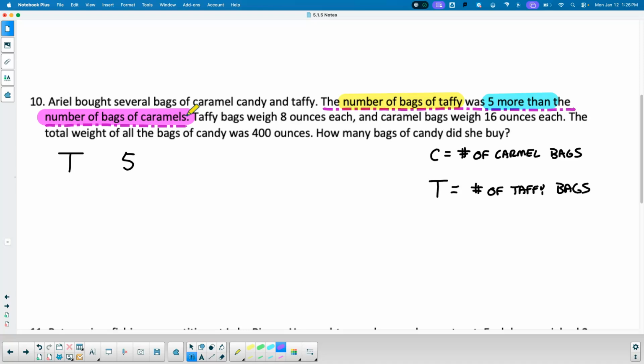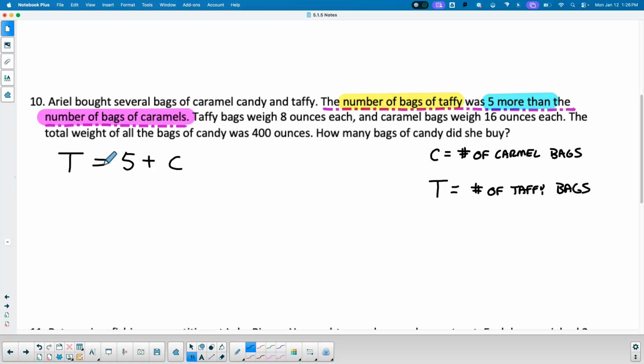C. That's C. Okay? So capital T is going to equal 5 plus C. Does that make sense? Number of bags of taffy is 5 more than the number of bags of caramels. Does that make sense? Okay.